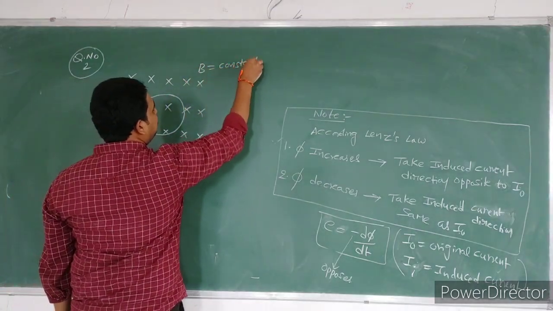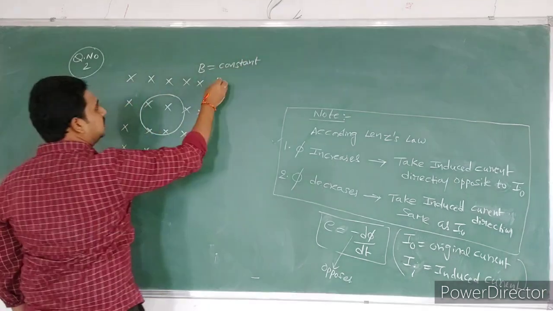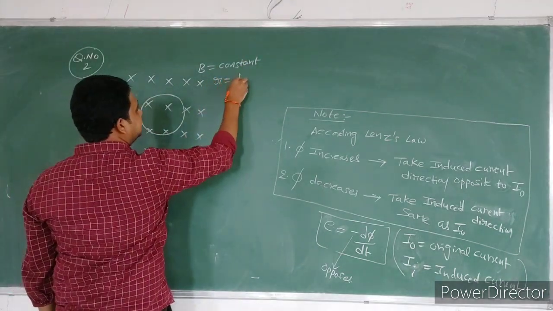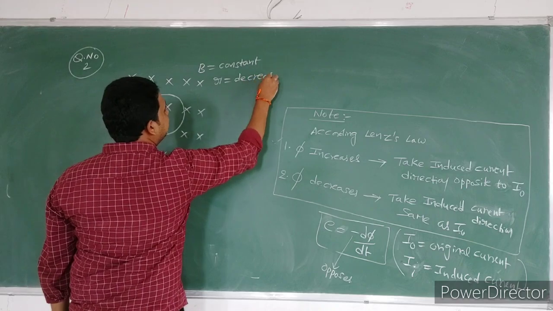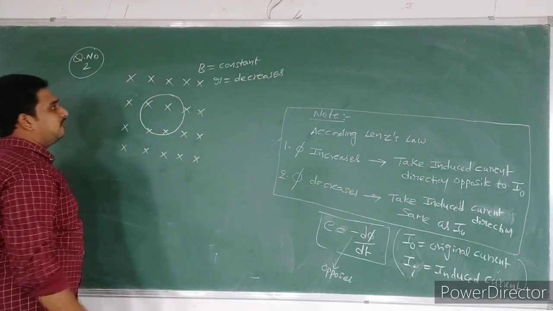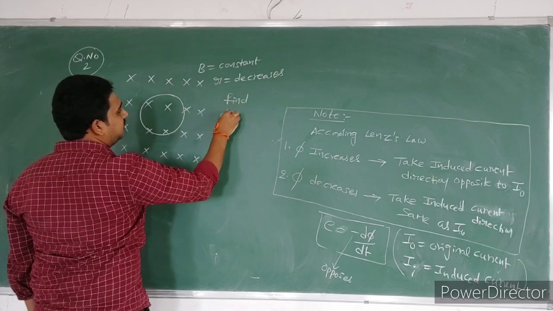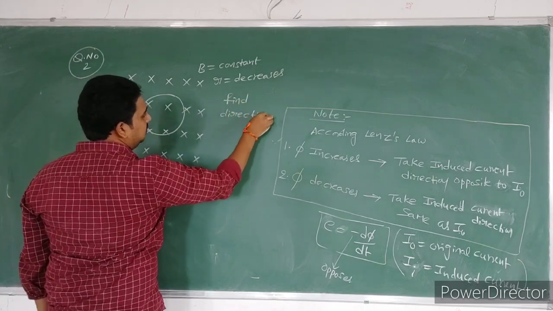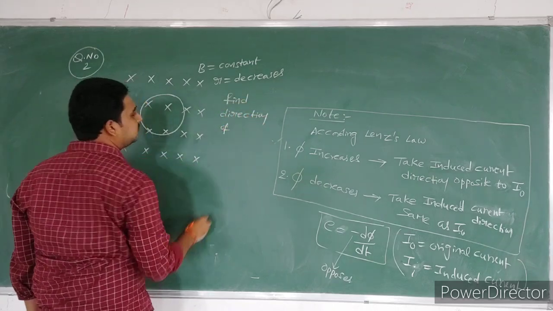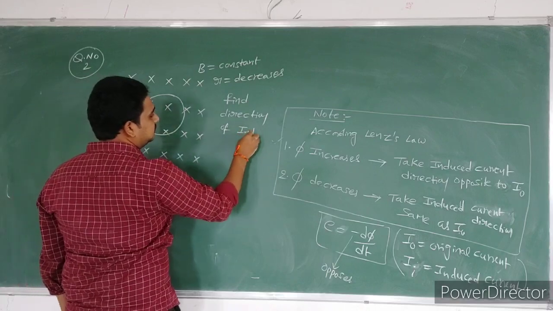Here the magnetic field does not change, but the radius decreases, as given in the question. Find the direction of induced current.